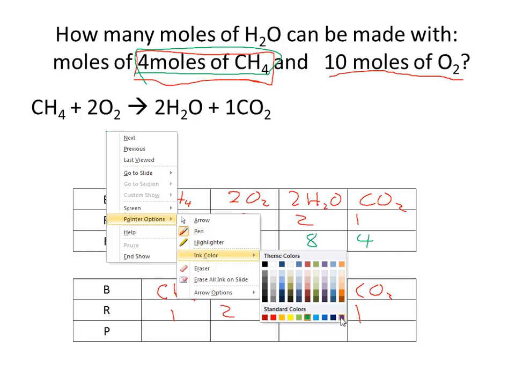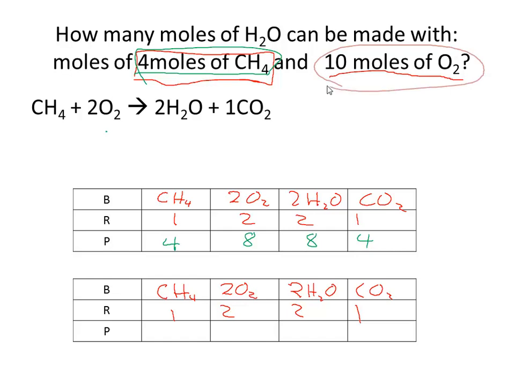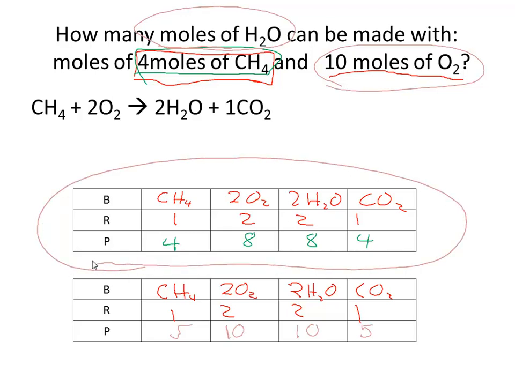Let's do purple. 10 moles of O2. I have 10, 5, 10, 5. Now we have to make sure we answer the question. My question is, how many moles of water can I make? Can I make 10 or 8? 8's the right one. This is correct. This one, I'm done.